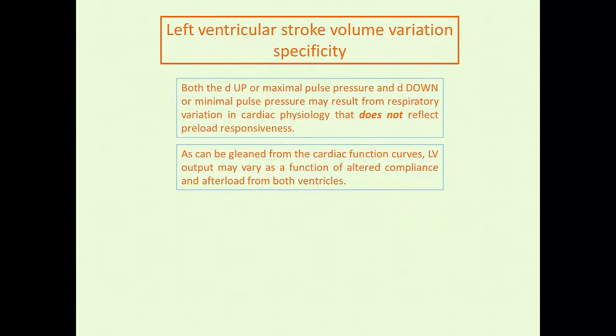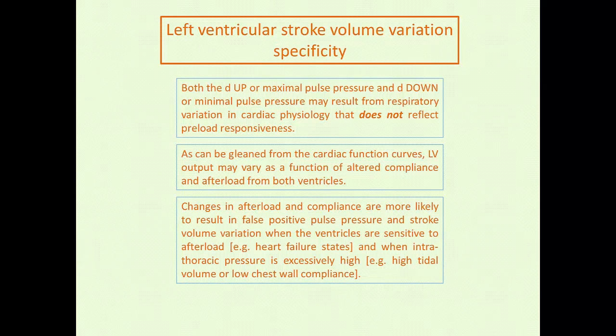And when the slope shifts, you may actually get changes in cardiac output that do not reflect preload responsiveness, but actually may reflect changes in the diastolic properties of the heart, or the afterload properties of the heart, which can very easily be induced by changes in intrathoracic pressure. So changes in afterload and compliance are more likely to result in false positive pulse pressure and stroke volume variation when the ventricles are sensitive to afterload, so in heart failure states, or when intrathoracic pressure is excessively high, for example, high tidal volume or low chest wall compliance.